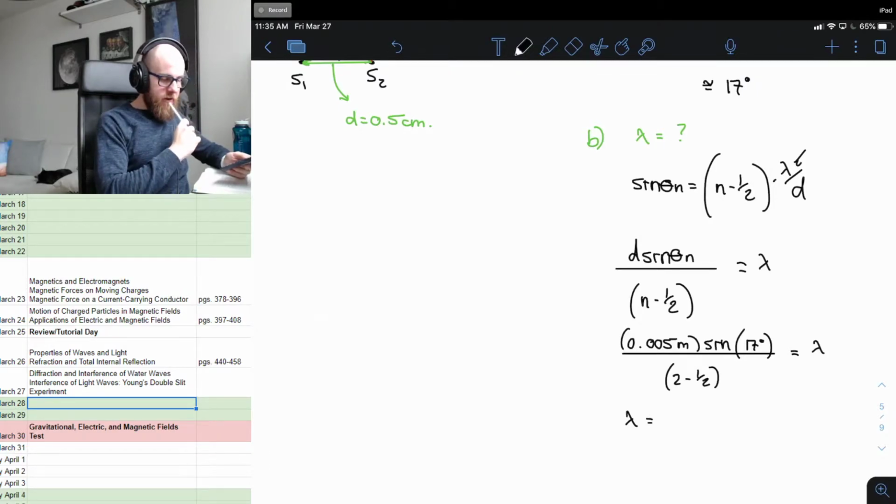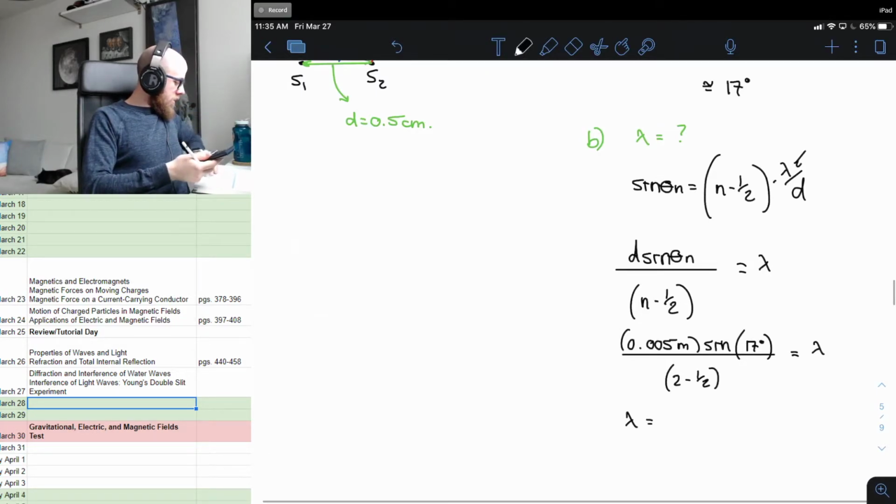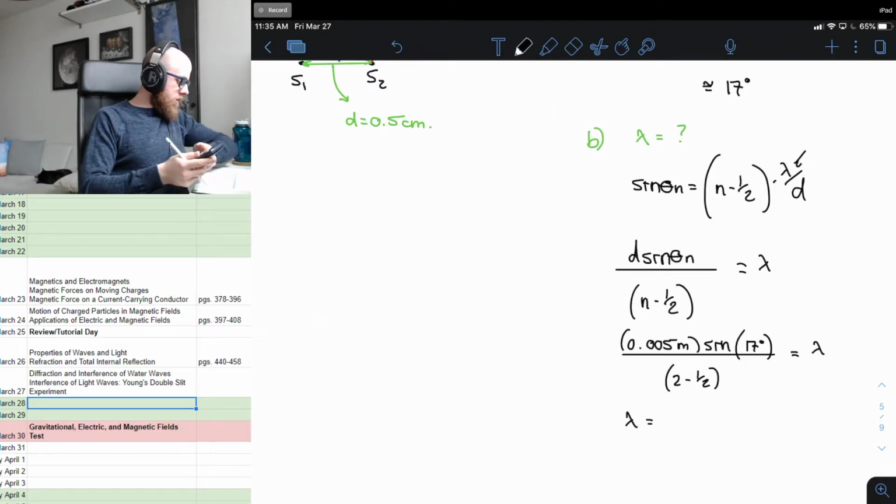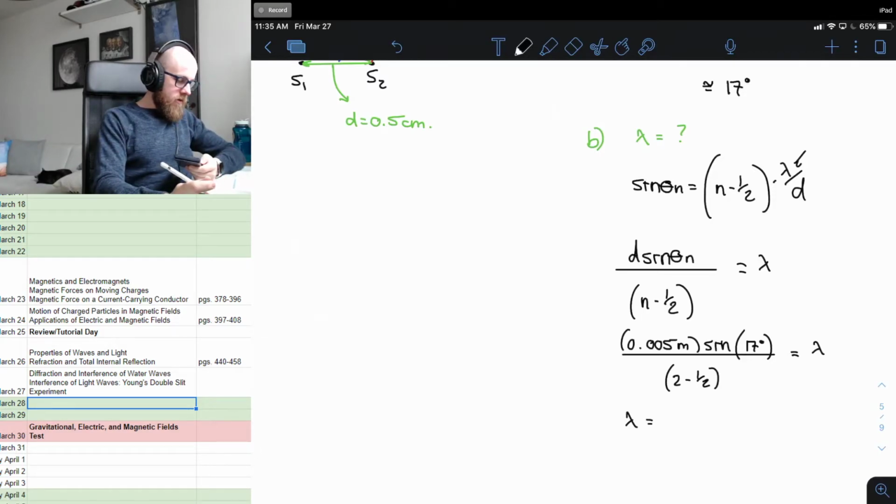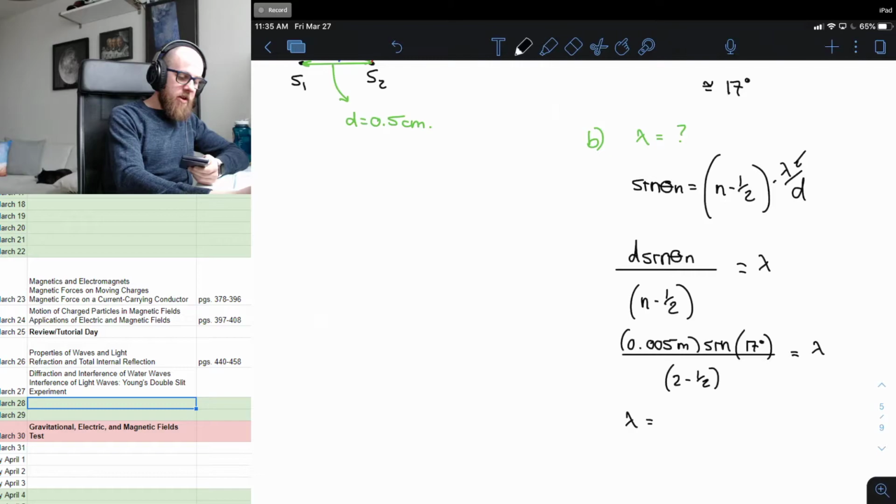Actually, wait, am I doing this right? I think I am. But I don't appear to be getting the right answer. I think I did something wrong here. Give me a second. Oh, I'm not going to use this formula.